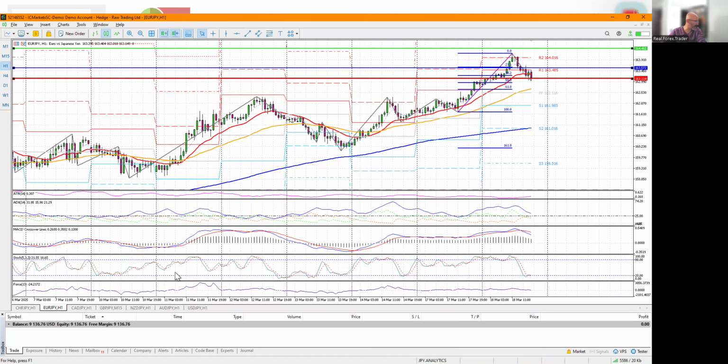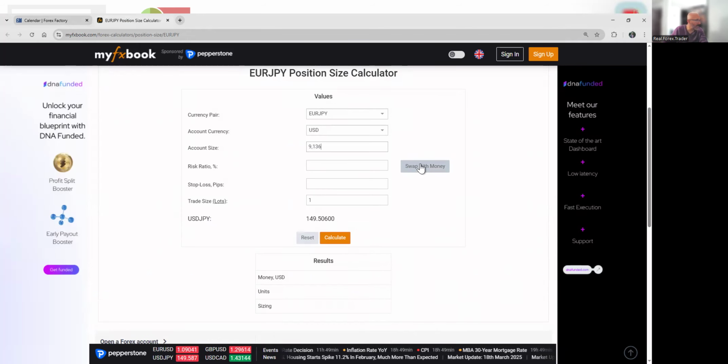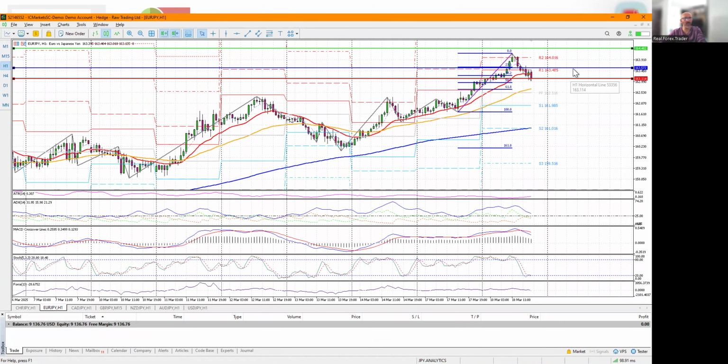What is my size? My account size is 9,136. Risk ratio 3%. Remember, in every trade we only risk 3%. And what is the stop loss? Remember, here my stop loss is 45 pips.